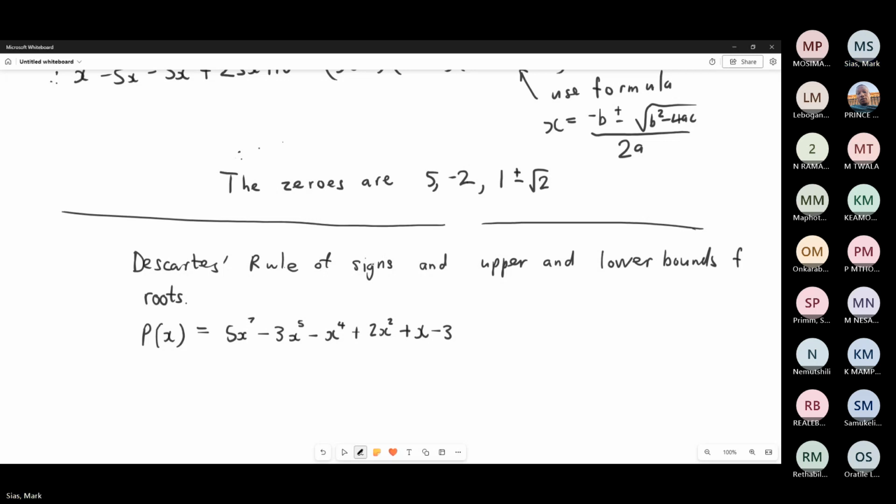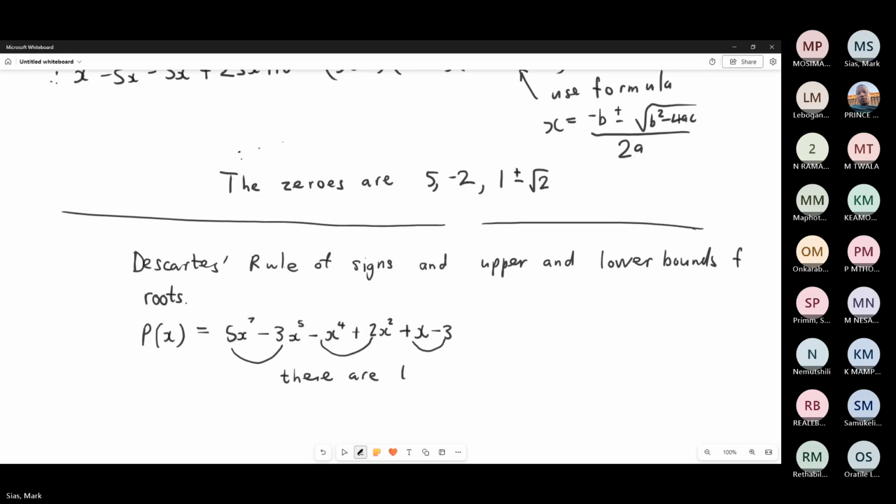Now you can see that the coefficient signs change from positive to negative, from negative to positive, and then from positive to negative. So there are three variations in sign, from the highest to the lowest powers.